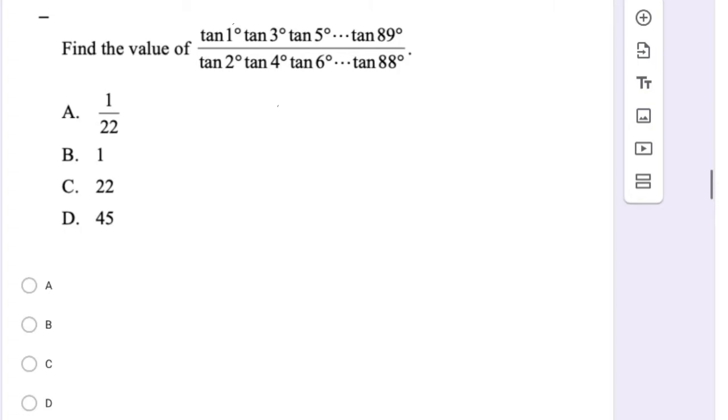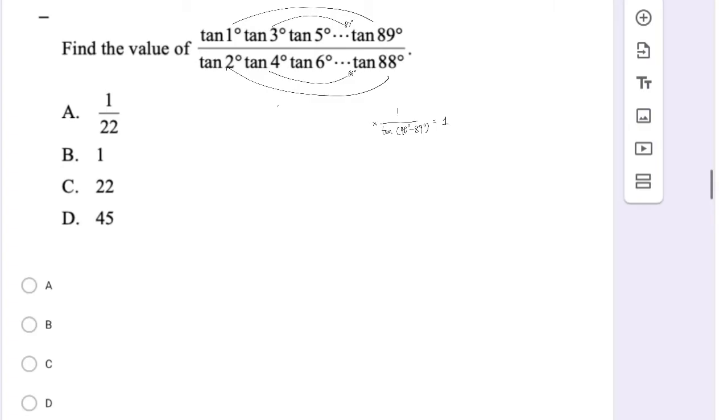I'm going to give you some hints. You have to group them accordingly. The hint will be you add them together, which gives you 90. So if I tell you this, actually they are equal to 1. Why? Because you can change it to this, and that is equal to 1.